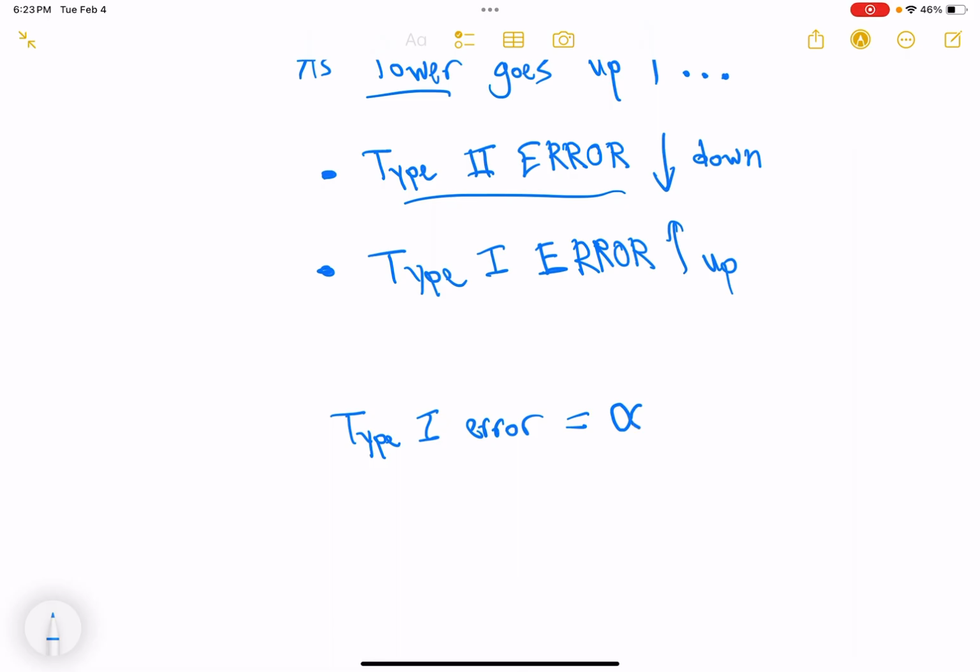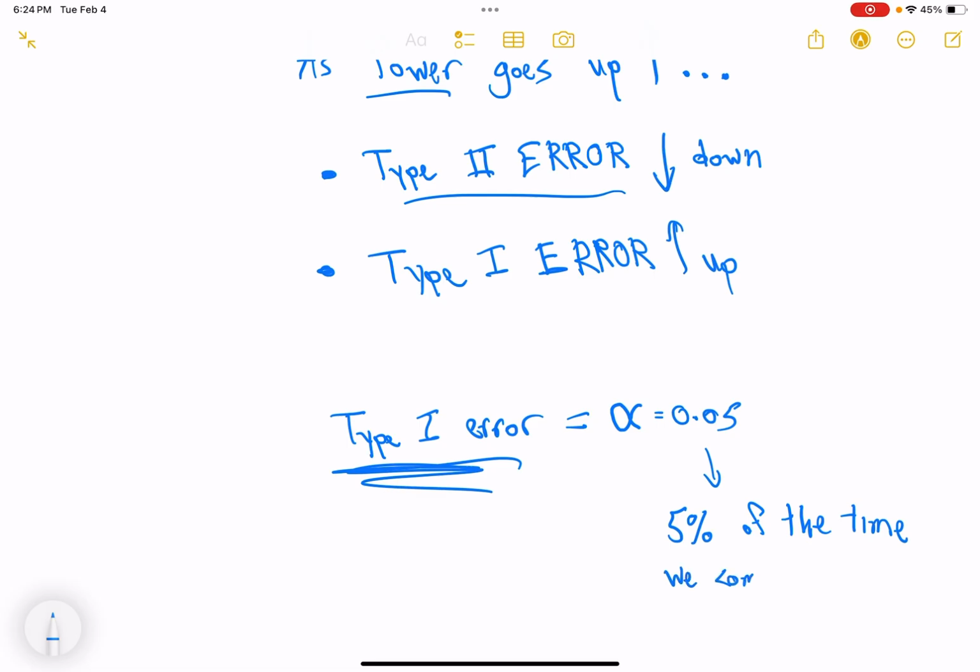What the alpha means, for example, in a 5% alpha situation, or a 0.05 alpha situation, is that 5% of the time, or just under 5% of the time, we accidentally commit a type 1 error.